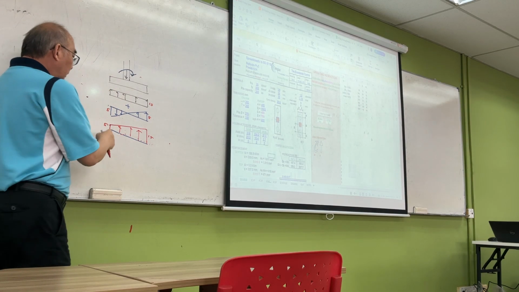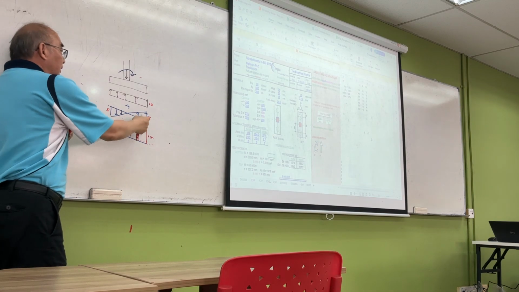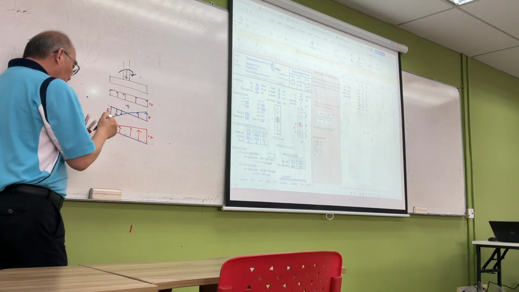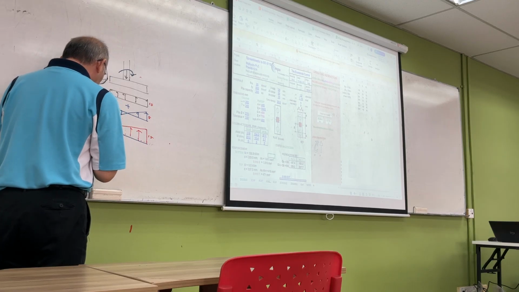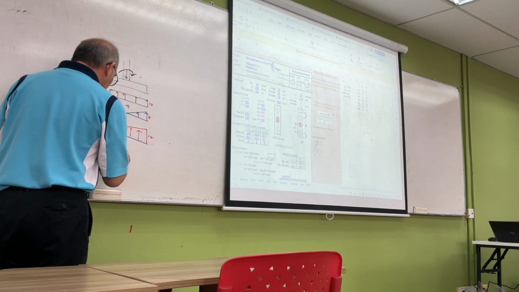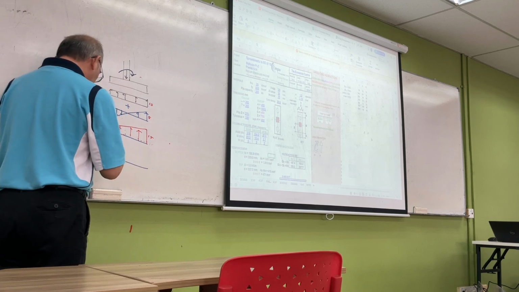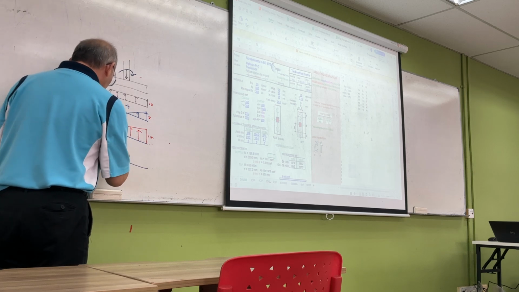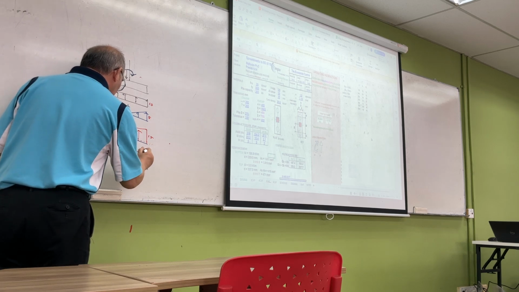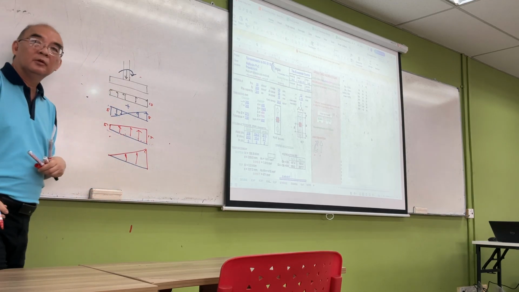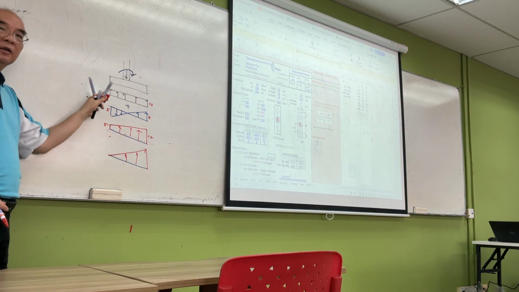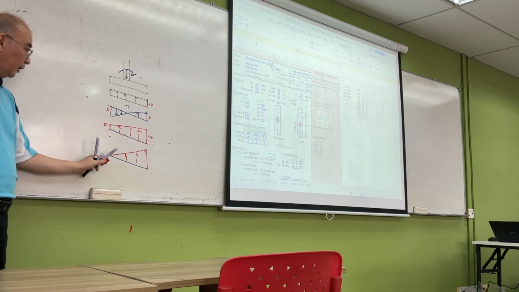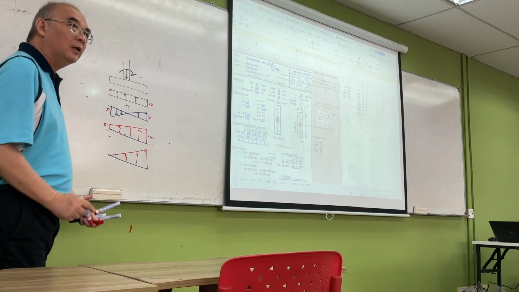And if this one is getting bigger and bigger, let's say this is 10, this is 10, then your pressure diagram would be a triangle. Because then they cancel each other out, and that means here is 0. Understand? Alright.